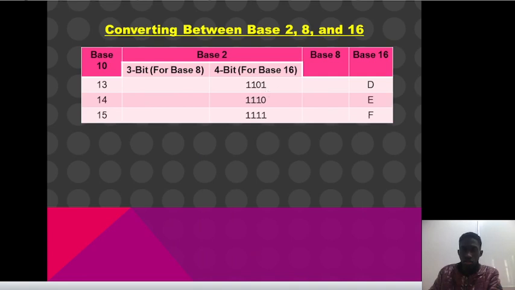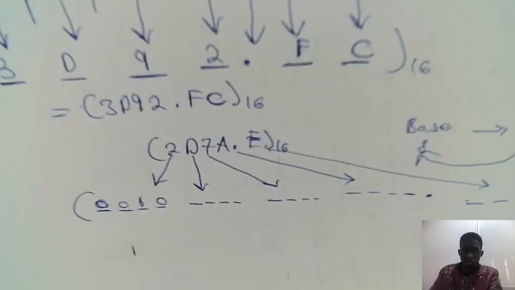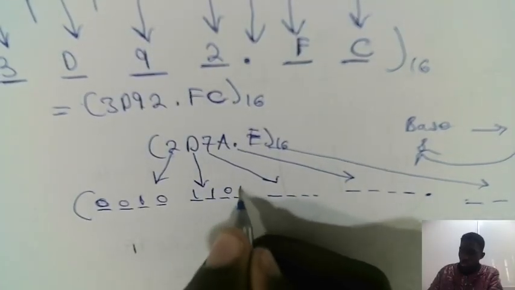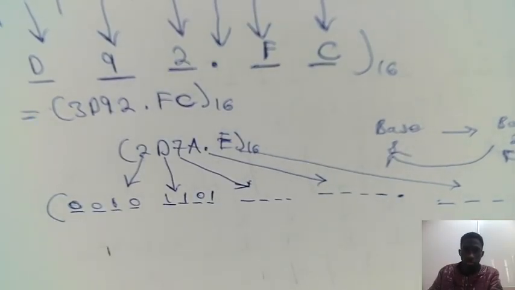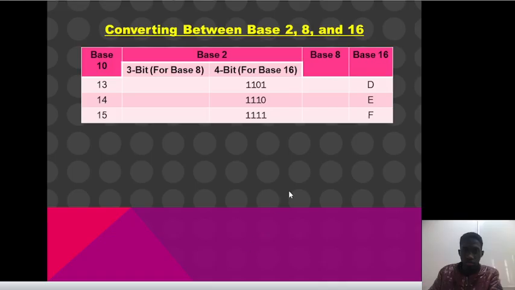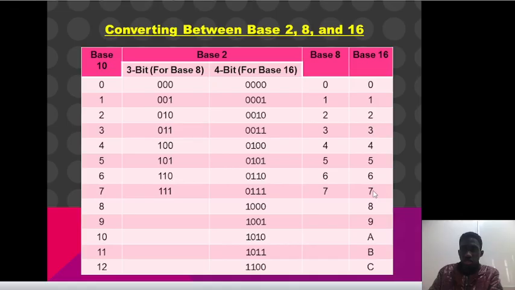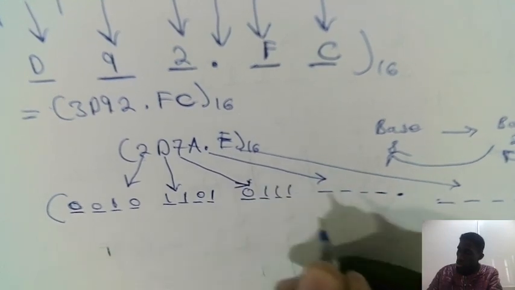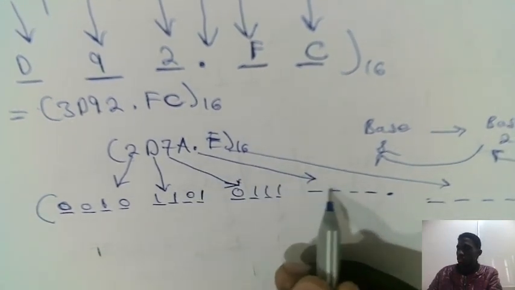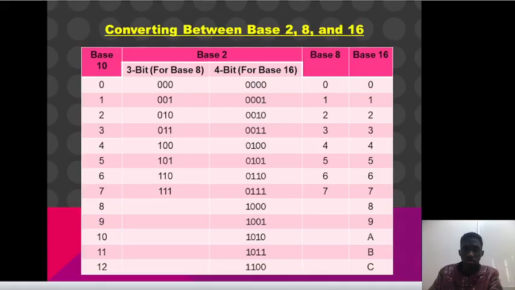Then D is 1101. 7 in base 16 gets you to 0111. A in base 16 gets you to 1010.